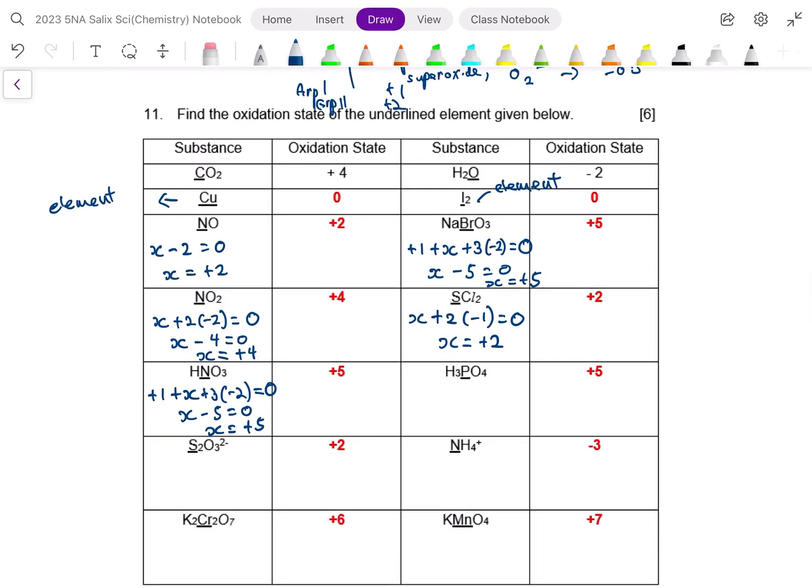The next one, same thing. I have 3 hydrogen, each one +1, then plus X for phosphorus, and then 4 oxygen, each one -2. So +3 plus X minus 8 equals 0, so X minus 5 equals 0. X equals +5 in this case.